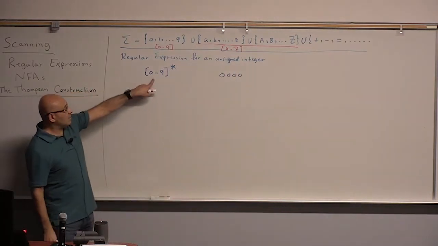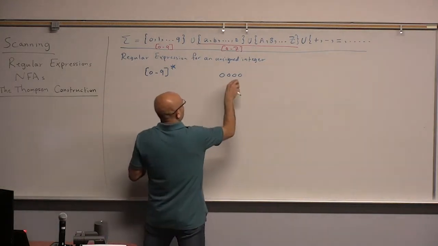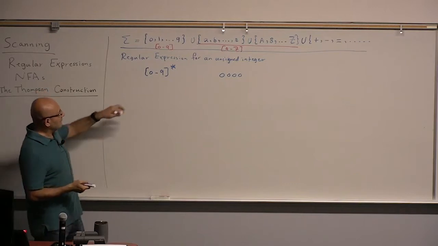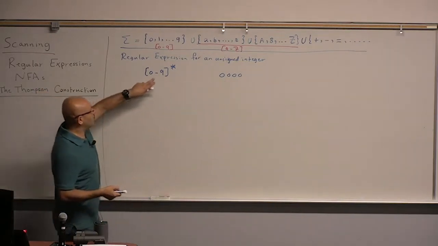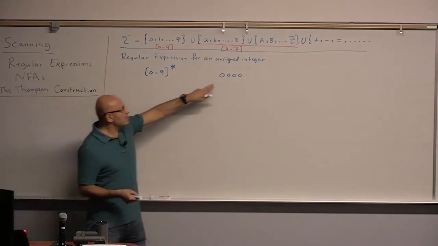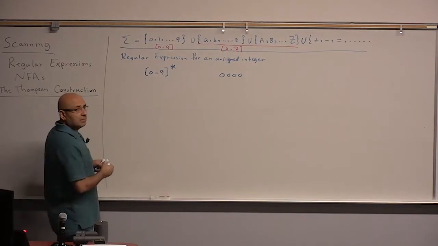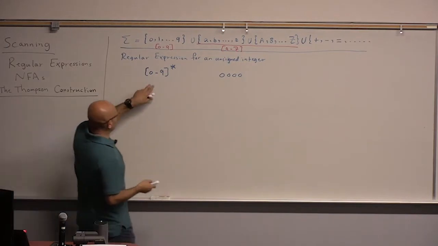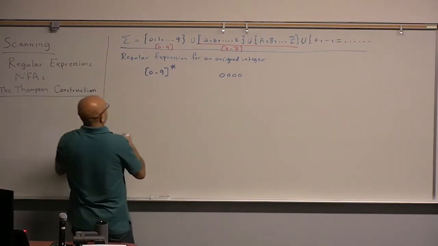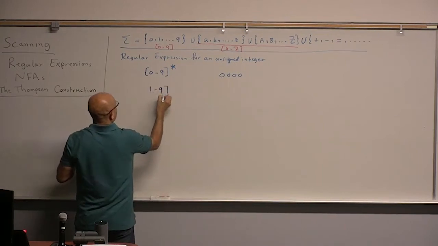So this will be an acceptable string that belongs to this language, right? To avoid leading zeros, you will limit the first character. The first character has to be a non-zero, so you can do it like 1 to 9.